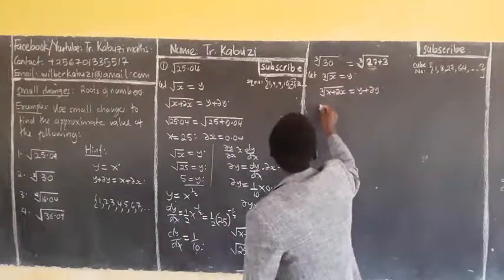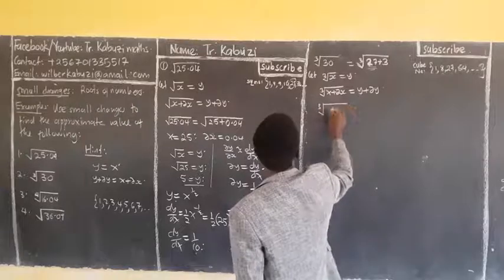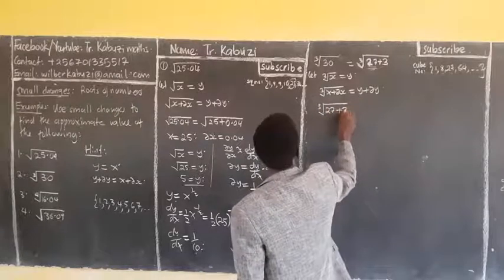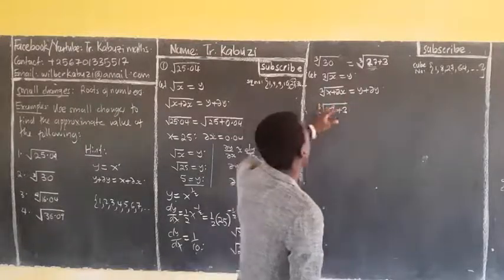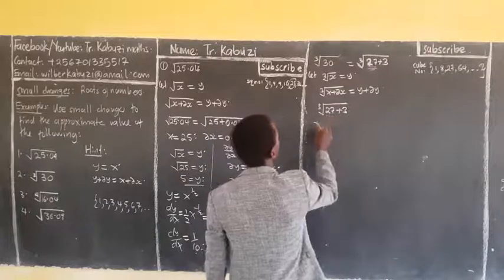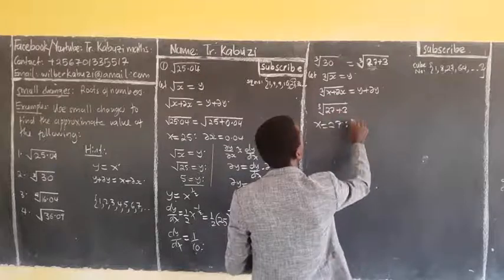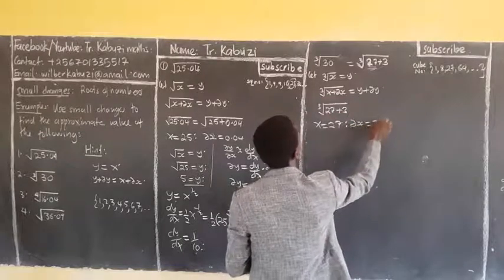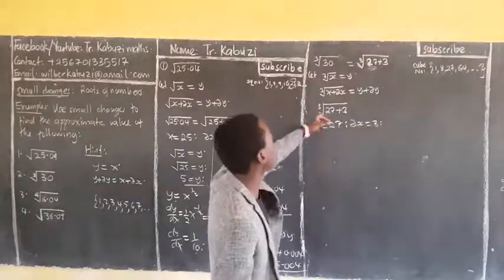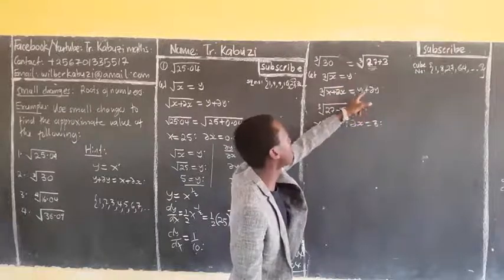Now if I compare with this, the cube root of 27 plus 3, my x will be 27 and my delta x will be 3. So now I have my, because I need y and delta y.